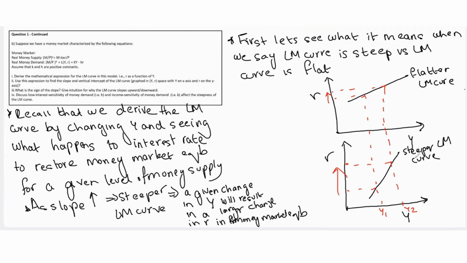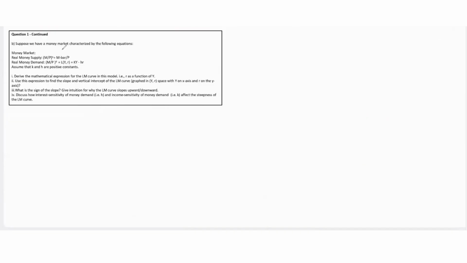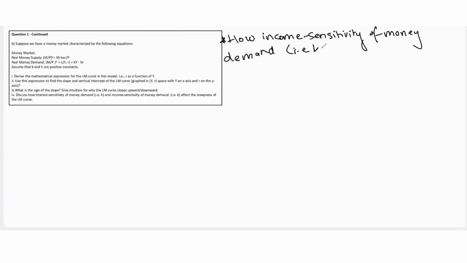Now, let's look at how income sensitivity of money demand, which in this model is given to us as k, the coefficient of Y in the money demand function, i.e. k, affects the slope of the LM curve, right?